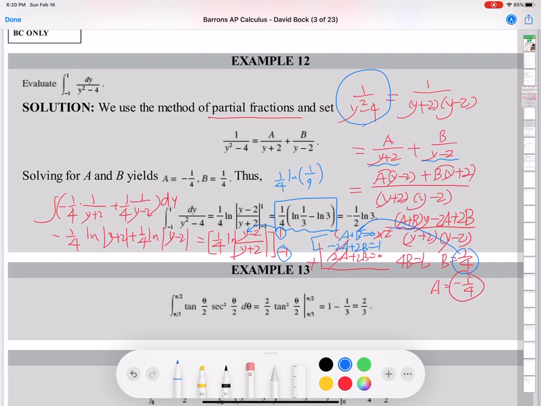That makes sense, right? So 1 over 9 is 3 to the negative second power. So 1 over 4 times ln 3 to the negative second power, and then that exponent can go to the front, so it will be negative 1/2 ln 3. That's the answer. It is negative 1/2 ln 3.